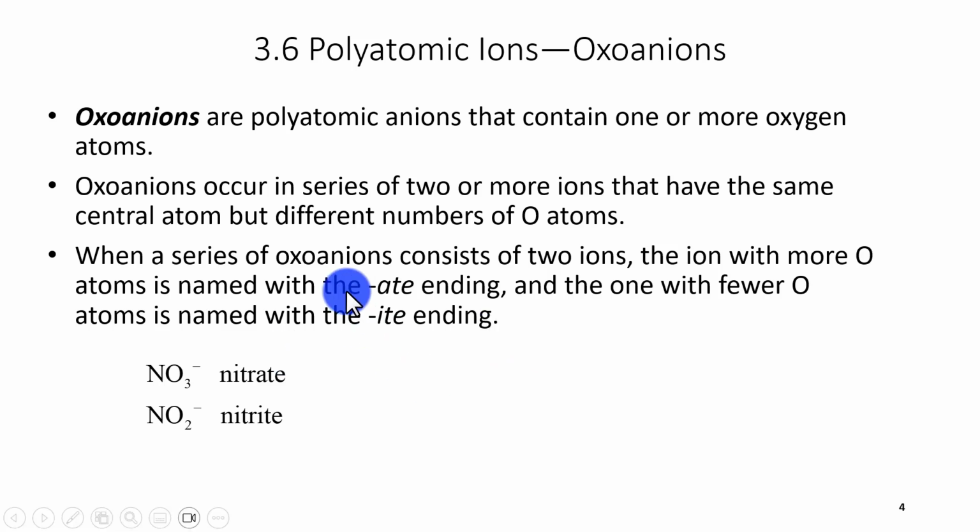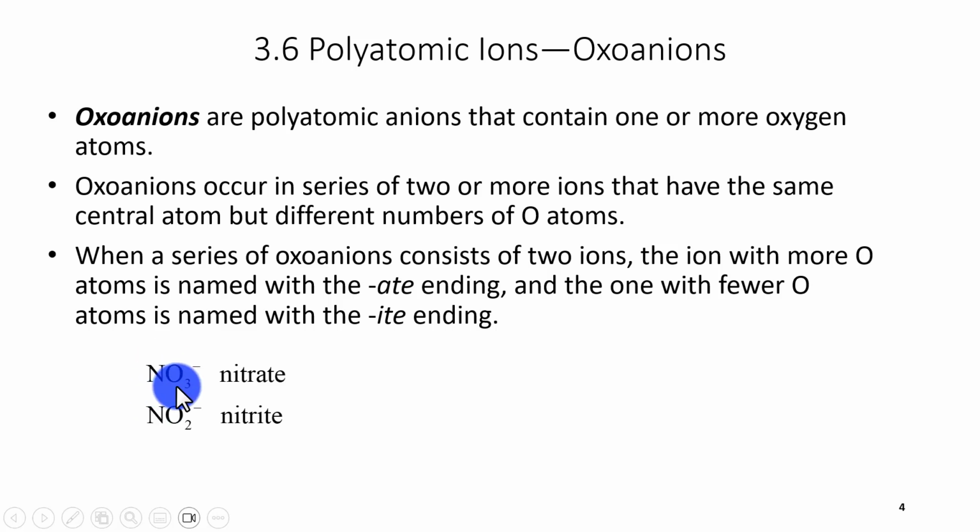When a series of these oxoanions consists of only two, the ion with more oxygen is named with the ATE ending, and the one that has fewer oxygens ends with the ITE ending.